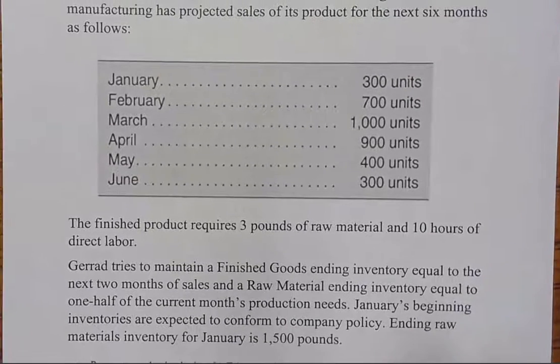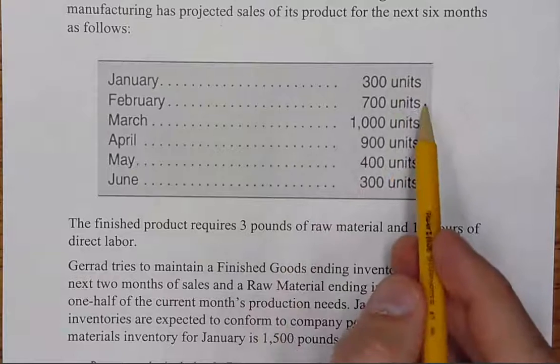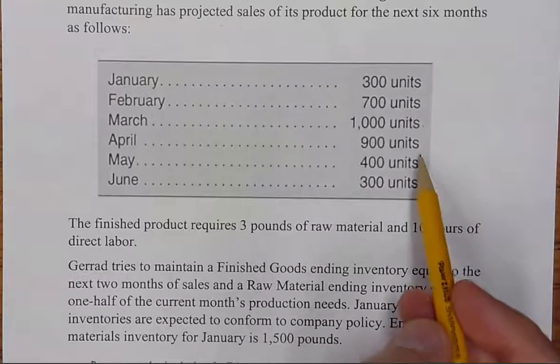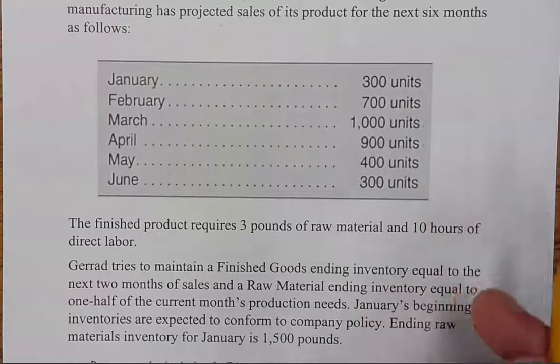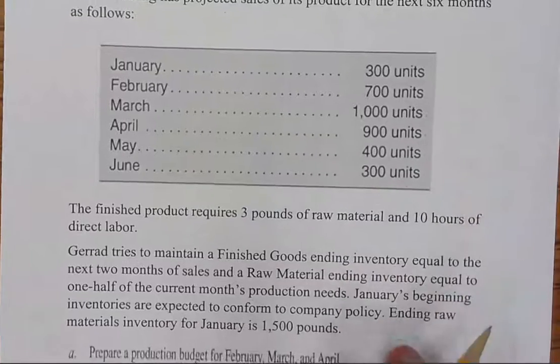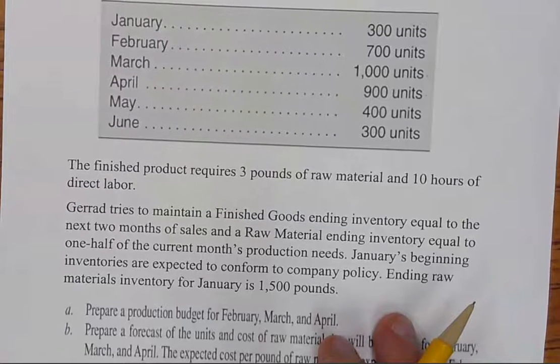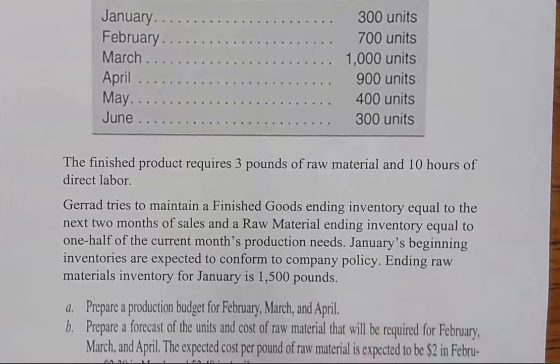Again, projected sales for the next 6 months, 700, 1,000, and 900 for those months that we are dealing with. Very good. So that is great, and this is going to be our starting point, and that is our sales budget. Is this line right here?